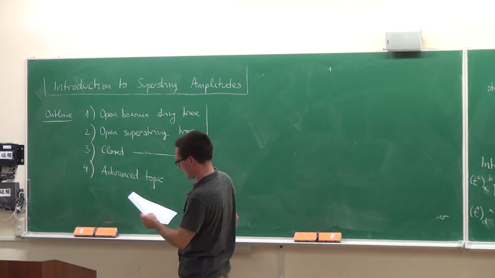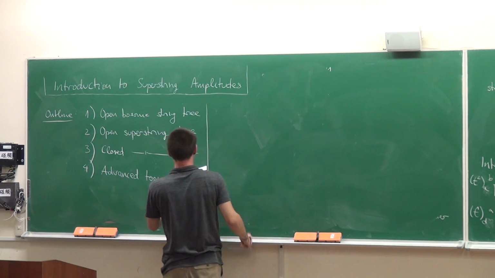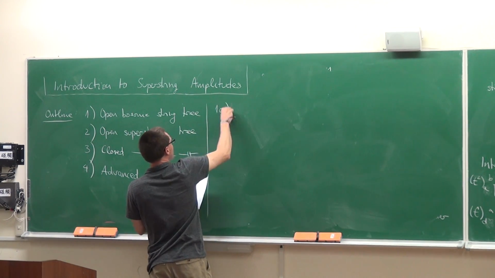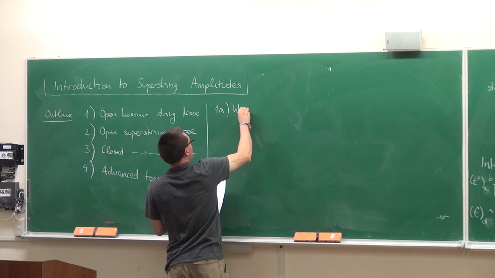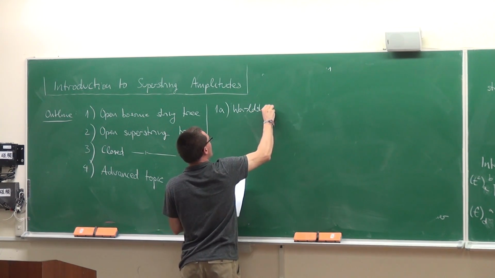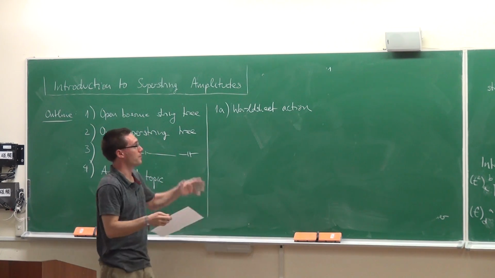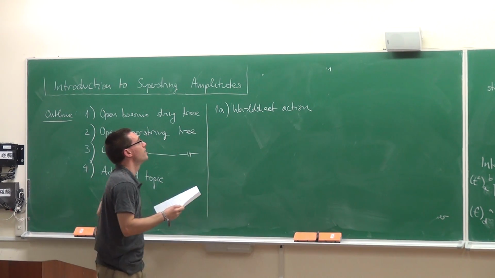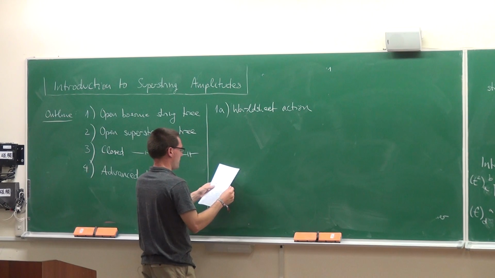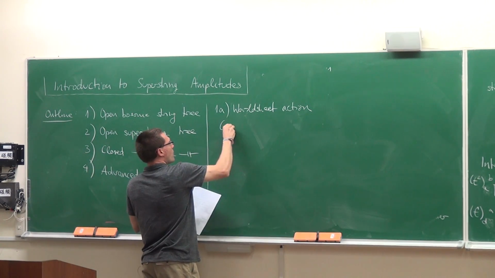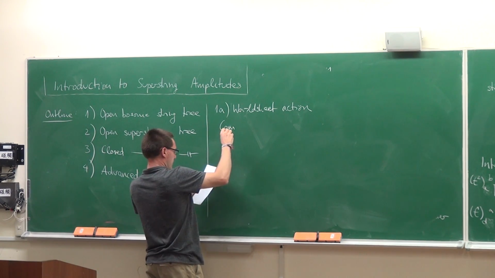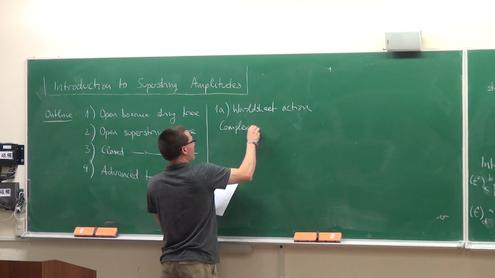Okay, let's now jump into the bosonic string part. Let me start with the Welch action. Build up the machinery which is involved in the computation of bosonic string tree level amplitudes. We will parameterize the Welch worldsheet using a complex coordinate.